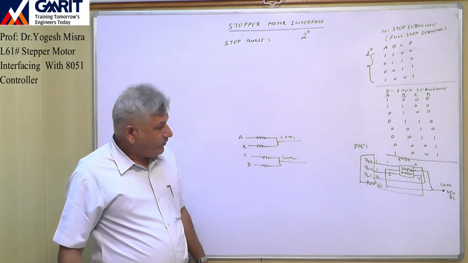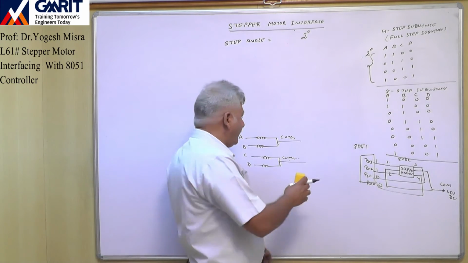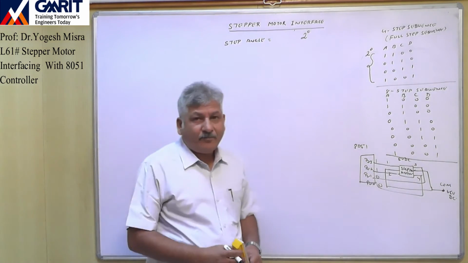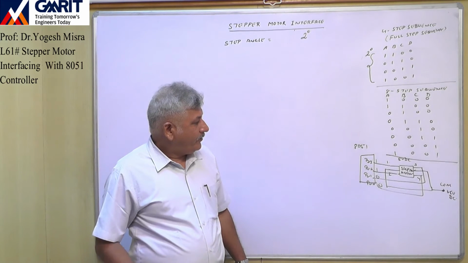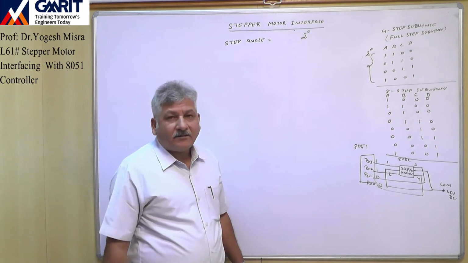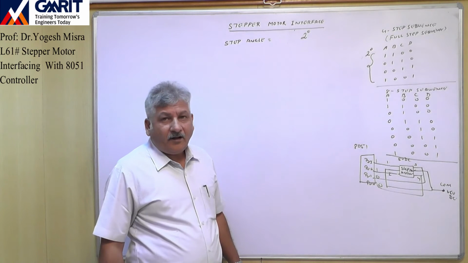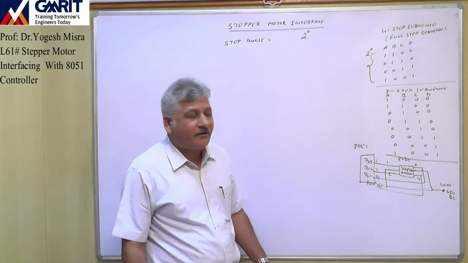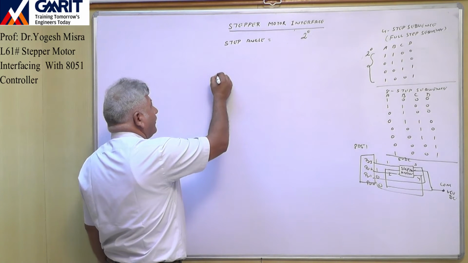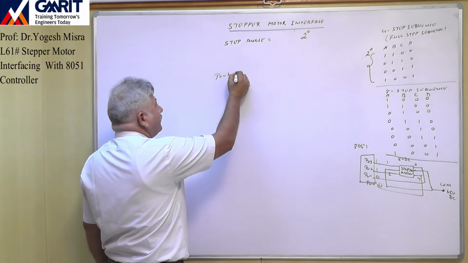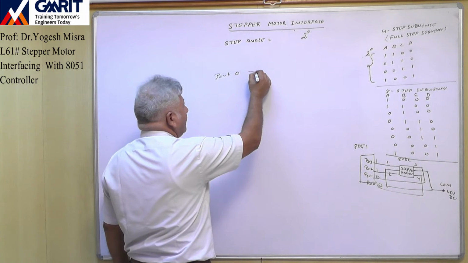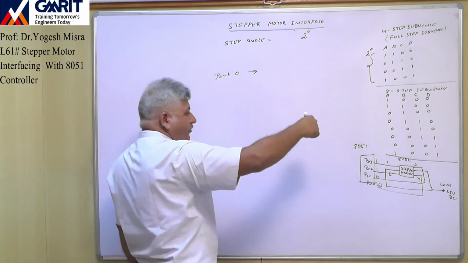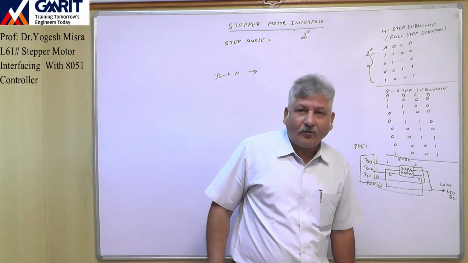But now here the problem is, in case of 8051 microcontroller, the port pins give a current, and different ports give current of different rating. Port 0 gives an output, and all the ports will have an output in the range of plus 5 volt.